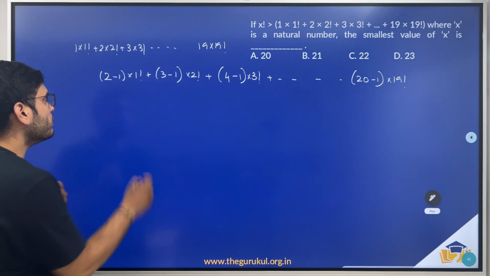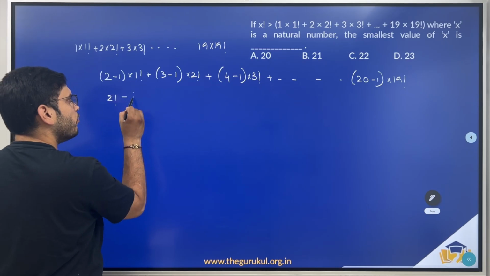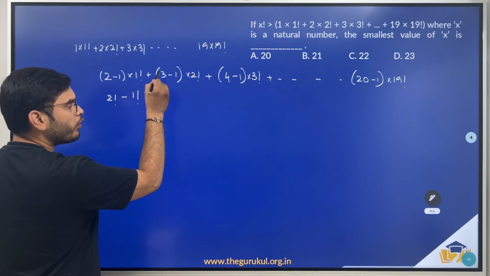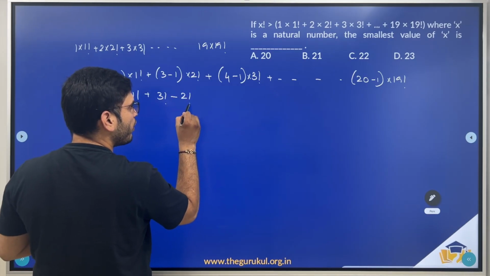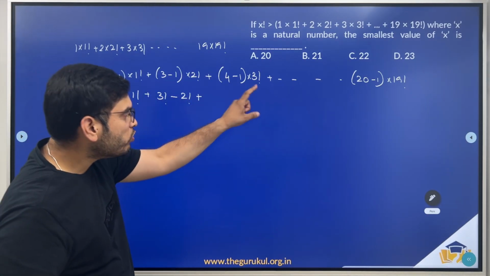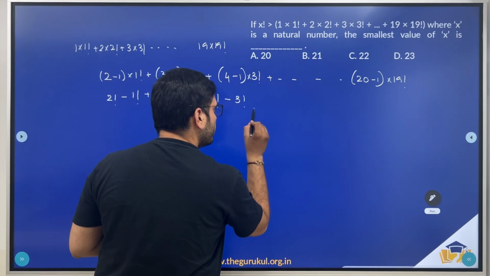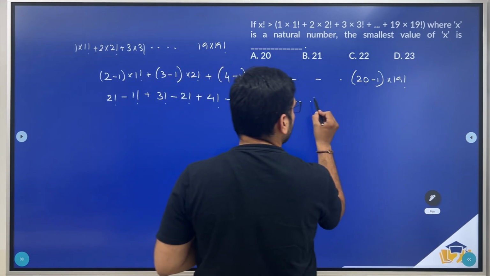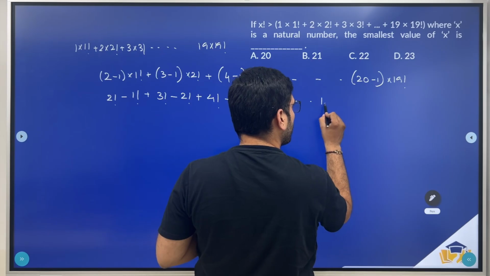Now if I expand this, 2 into 1 factorial is nothing but 2 factorial minus 1 factorial, plus 3 into 2 factorial, 3 factorial minus 2 factorial, plus 4 into 3 factorial, 4 factorial minus 3 factorial, and so on till 20 into 19 factorial, or 19 minus 1 into 18 factorial.